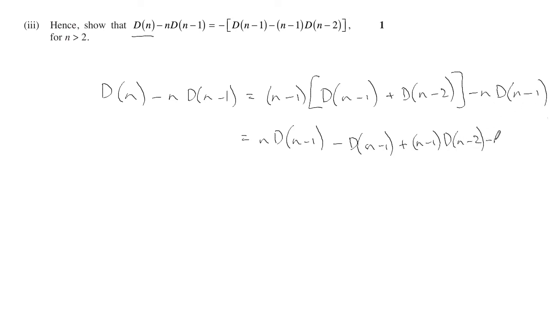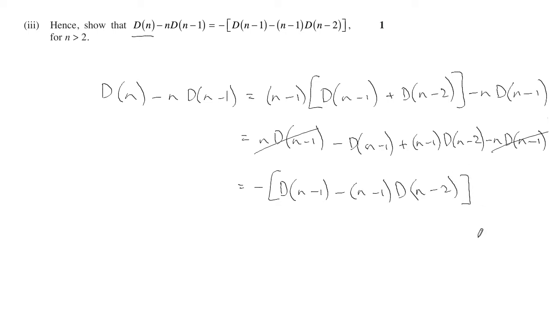And then that bit. And then this cancels with that. And we get that. So we want to make that into that. And you can see if you expand this, that just equals that. So we can just go straight to saying that. And that's it.